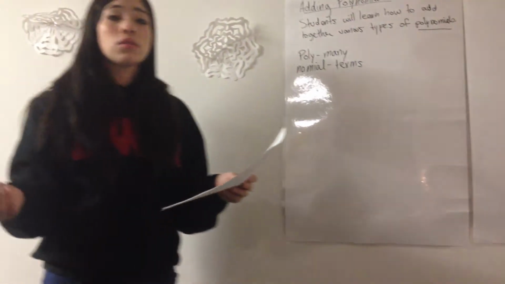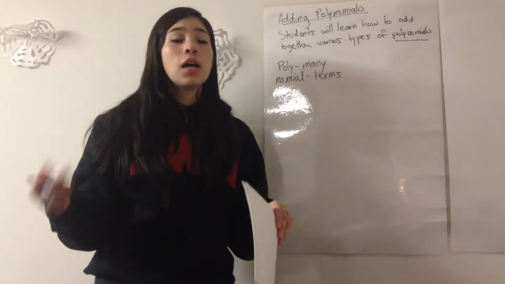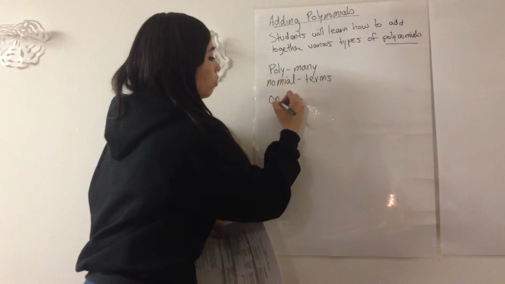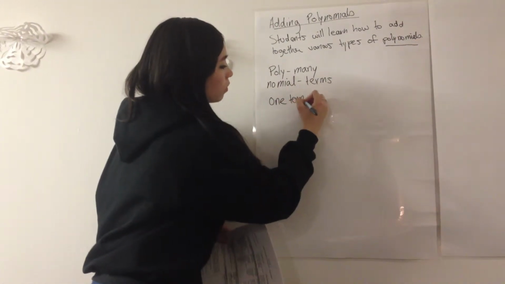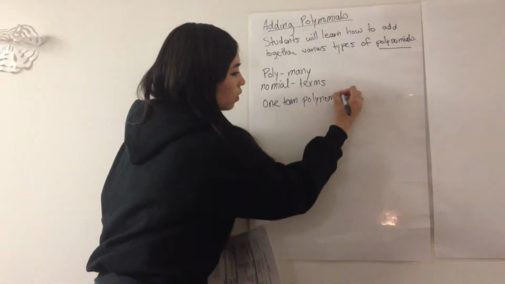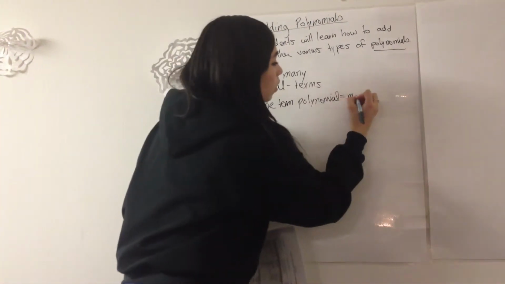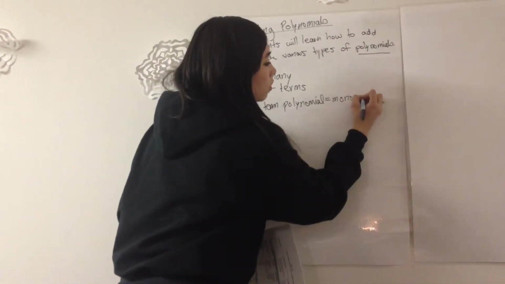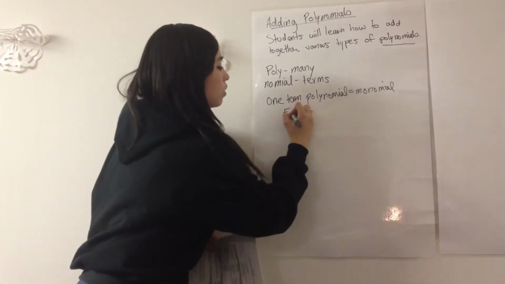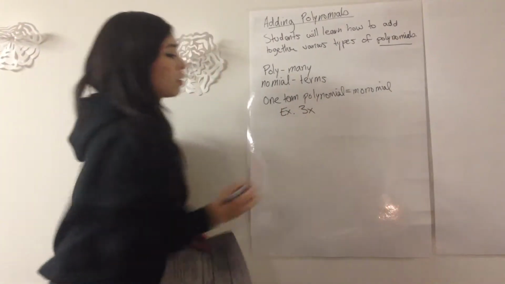Okay? We also talked about that there are various types of polynomials, right? A one-term polynomial is called a monomial. Okay? An example of this is 3x.